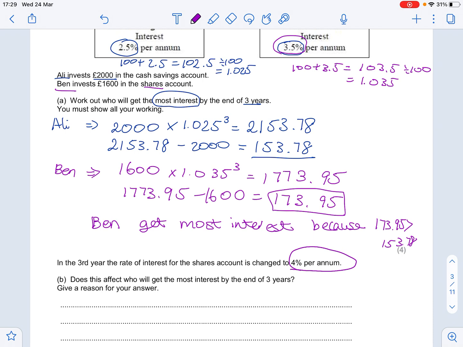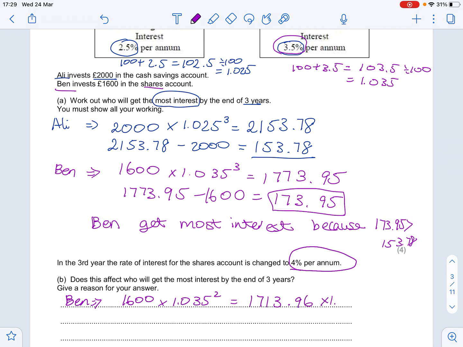So one way is that we could work out Ben's interest with the new change. So let's work out how much Ben will get. Ben will get his initial, which is 1,600, multiplied by 1.035 to the power of 2, so this will tell you how much he will get at the end of year 2.